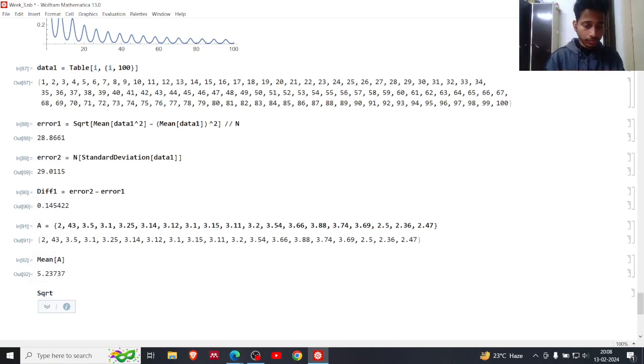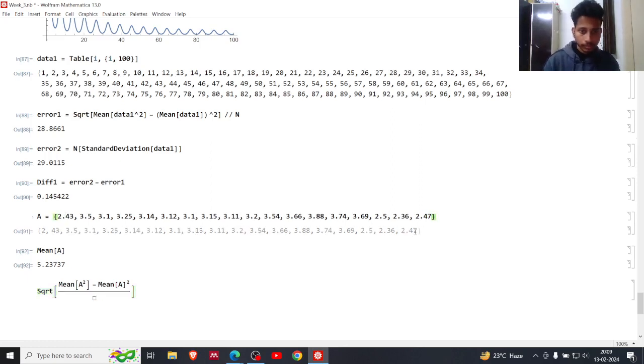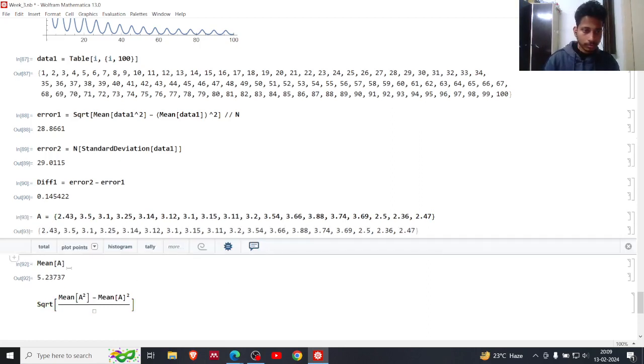Now square root mean of A. Total 18 points are there.